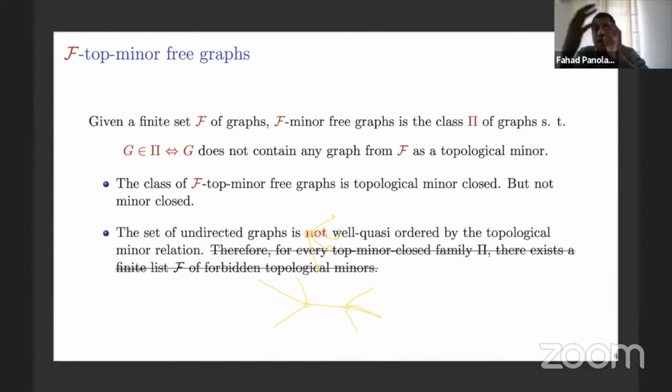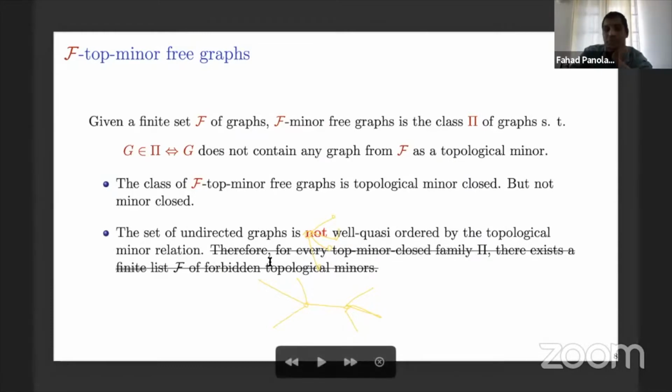So if we have a class of graphs which is closed under taking topological minors, then we may not be able to get a finite set of graphs such that that graph class is F topological minor free. Indeed, there exist graph classes for which this is not true, and that can be constructed from the fact that this is not well quasi-ordered. So the only thing you need to know here is that the converse of the first statement is not true.